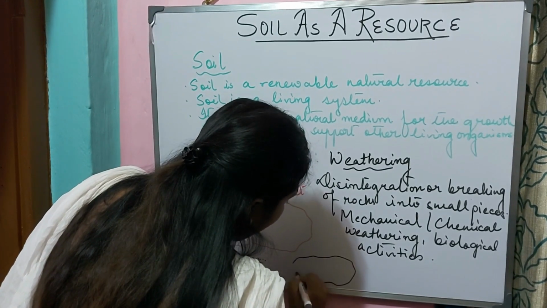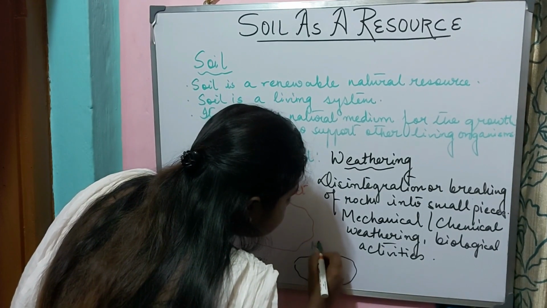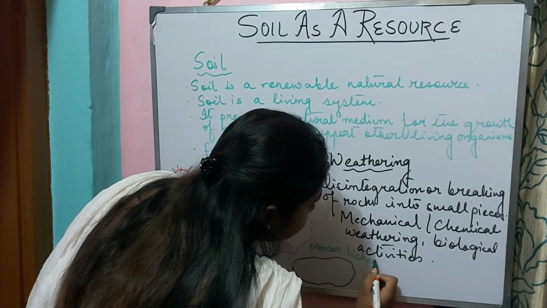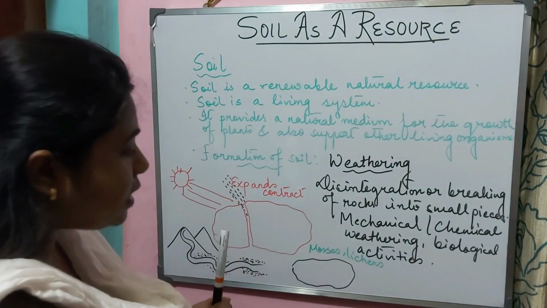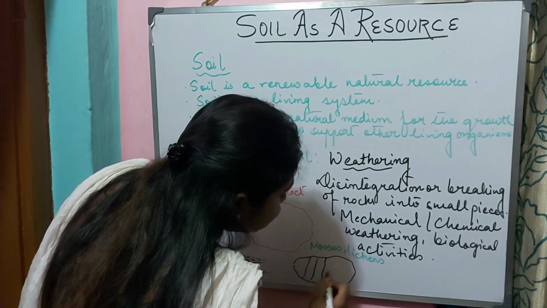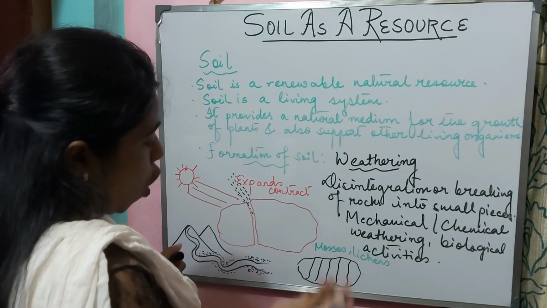This is my rock. There are some plants like mosses and lichens. Mosses and lichens can grow without any soil. That means they can grow over the rock surface.